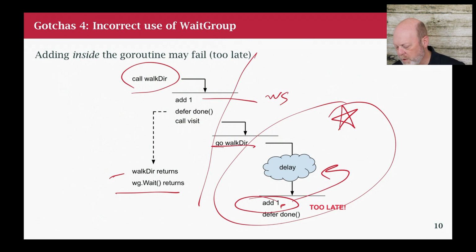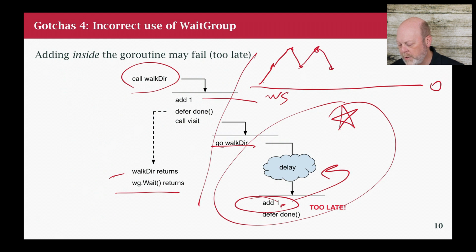A wait group is done when it gets back to 0. So if you think about this, I added one, and then I added one, and I completed one, and I added one, and I completed one. What we're worried about is I could complete one and then add one more over here.